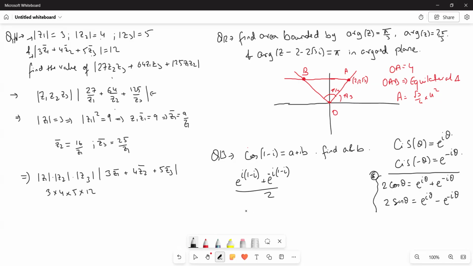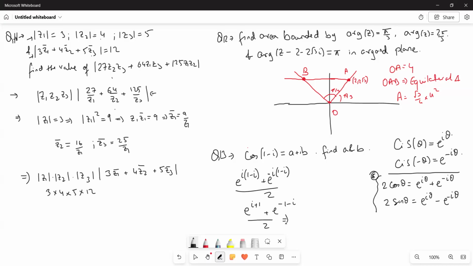What will that give us? e to the power i plus 1 plus e to the power minus i minus 1, by 2. How much will this come to? Minus i minus 1 plus minus i, I guess.